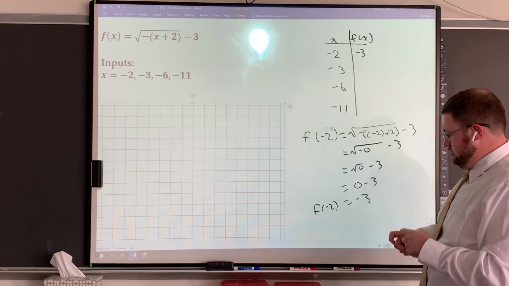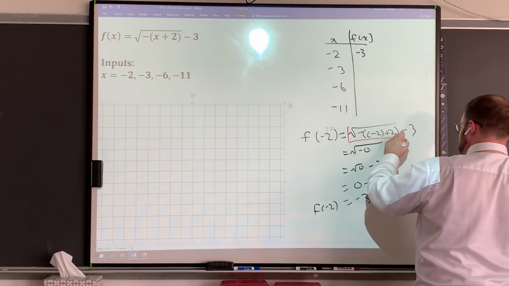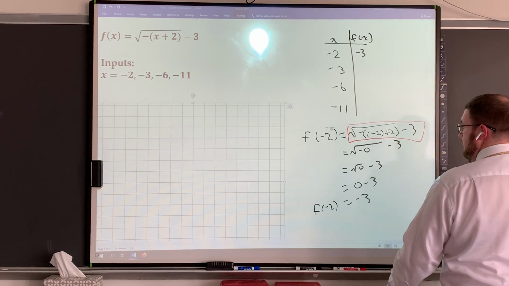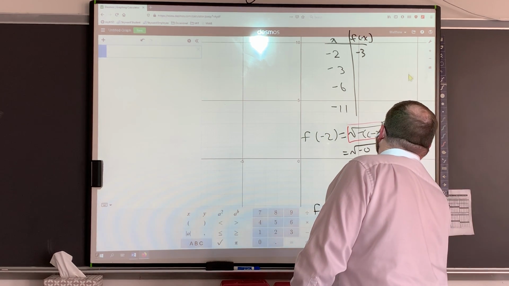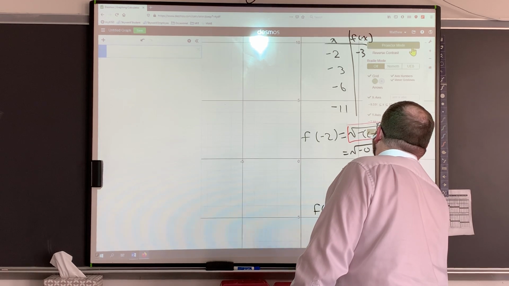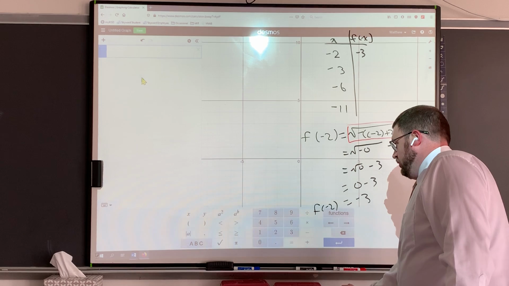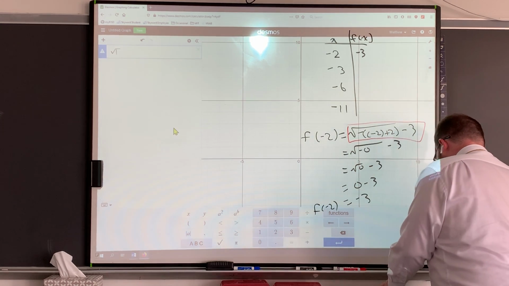The other way that you can do this is you can put just this chunk into your calculator or into Desmos, and it will calculate it for you. So if I go to this page, I'm going to put this in projector mode real quick. So if I calculate that, square root is going to be on your screen's keyboard down here.